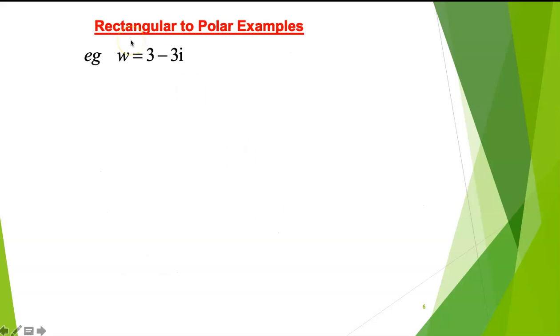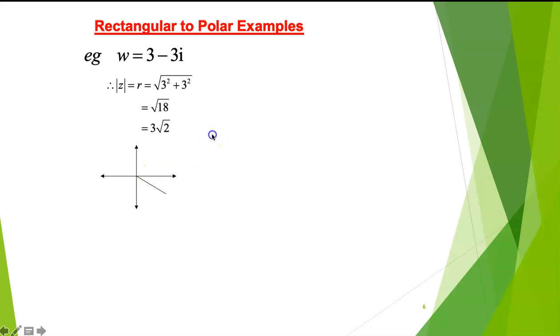So for example, here you've got the complex number 3 minus 3i. First you sketch it. When you're sketching it, you can see it's in the fourth quadrant. So you know for the theta that you calculate, you'll have to do 360 minus that theta.